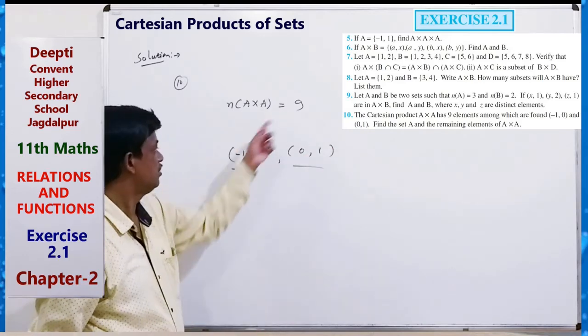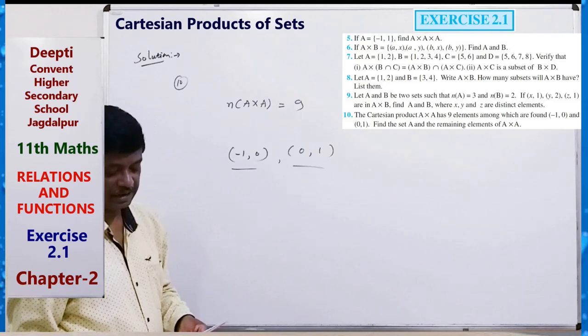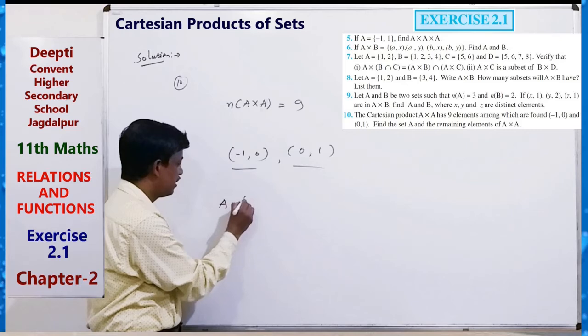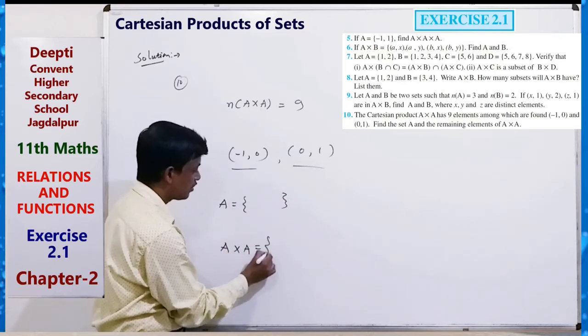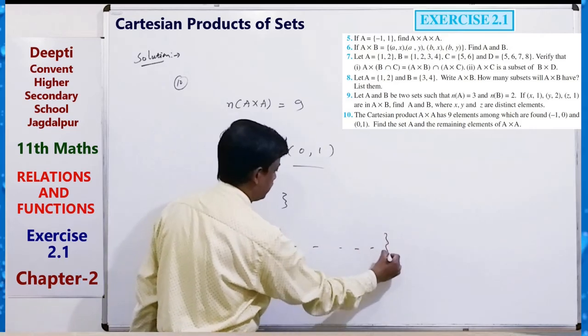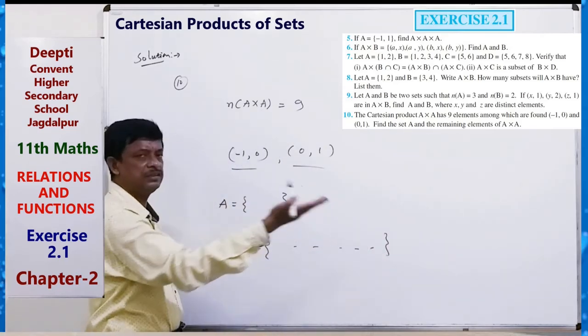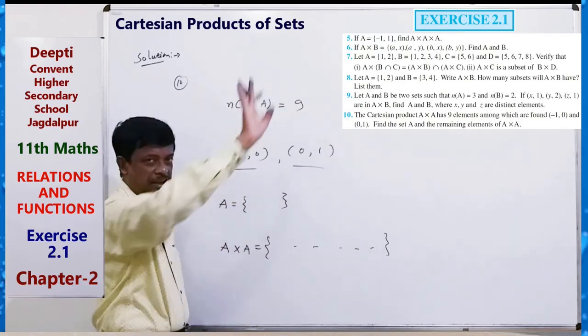Out of these 9, 2 are given. Find A and the remaining elements of A cross A. So you have to find A and all the remaining elements, which you can see by finding A cross A.